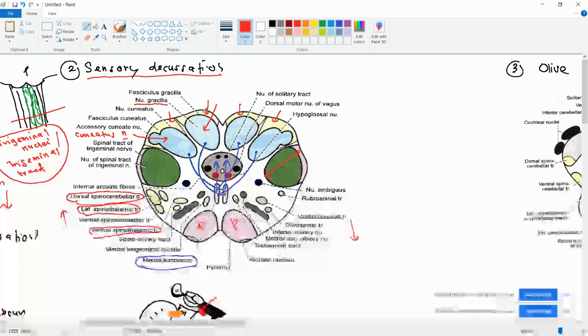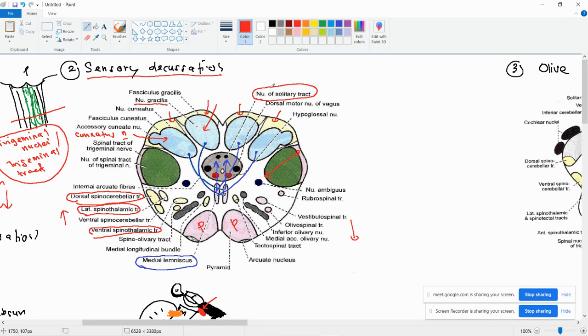In your brainstem, not only do you have the gracile nucleus and cuneatus nucleus, you have other very important structures. The first one we call the nucleus of the solitary tract, the nucleus of tractus solitarius.